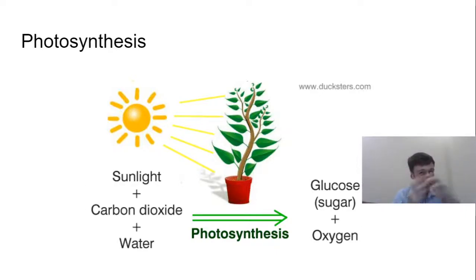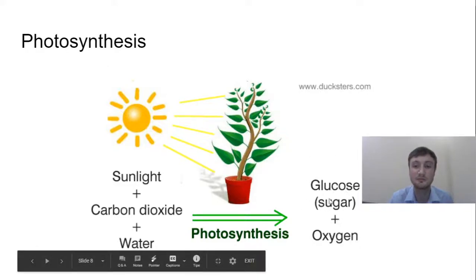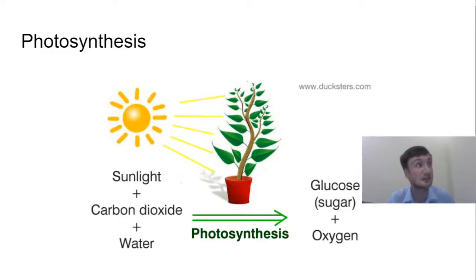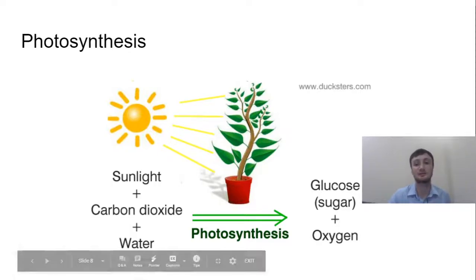And they do some magic process, which is called photosynthesis. And at the other end, they get glucose, which is a fancy name for sugar, and oxygen. Great. And we need oxygen to breathe. That's why we like trees, because they're always making all this oxygen for us to breathe. Because they're doing photosynthesis.